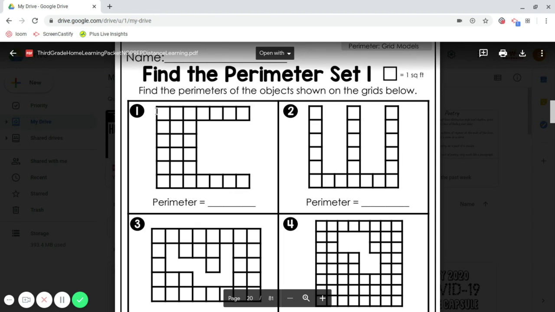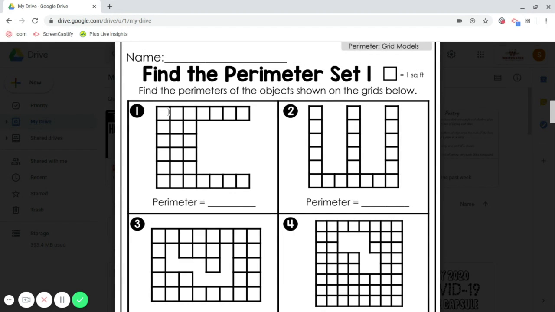So when we're counting the outside, each one of these sections equals 1 foot. So you put a tick in there, a tick in here, and we would count 1, 2, 3, 4, 5, 6, 7. Then this section right here counts as another one, 8, and then you would keep going around as you put tick marks, and then you could count them all up, and that will give you the total.